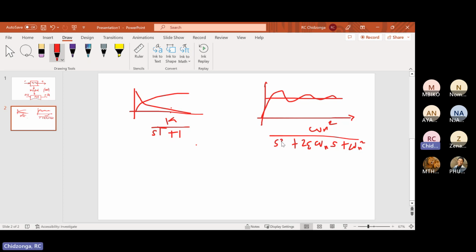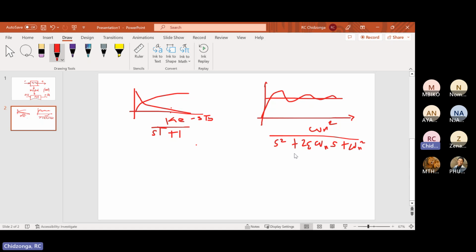They may well be first order or second order, but depending on the extent to which you detail your model, you may find that the order is quite high. But we are happy to approximate most systems to either first order with delay, e to the minus Ts, you remember the time delay here, or a second order. It can also be a second order with delay, all right?